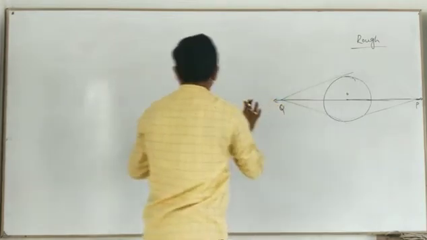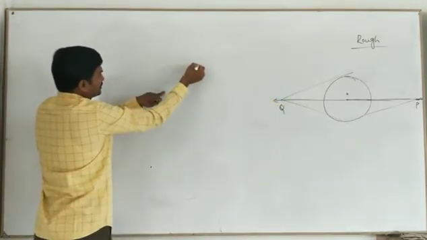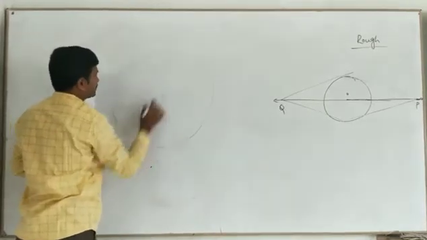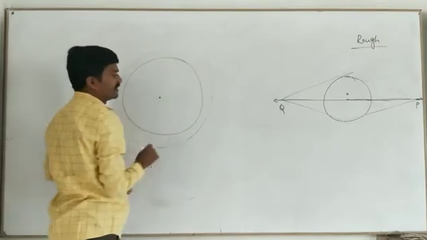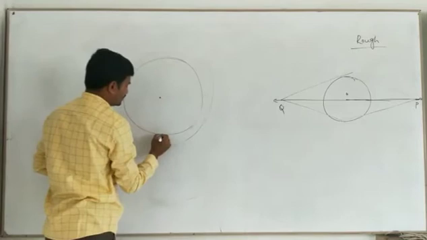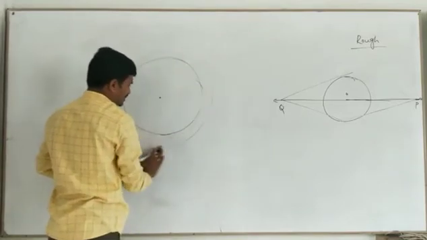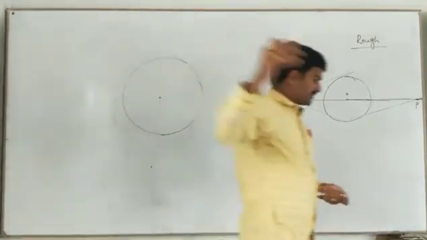For suppose, draw one circle of radius 3 centimeters. Sorry, this is somewhat big. This is the point, this is the circle. No problem, as it is freehand, the circle may come like this.